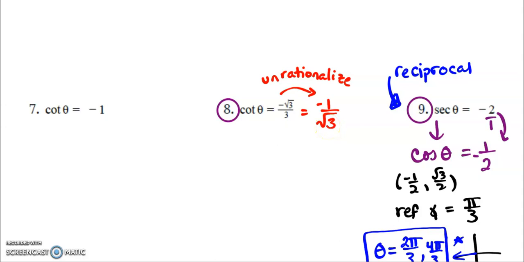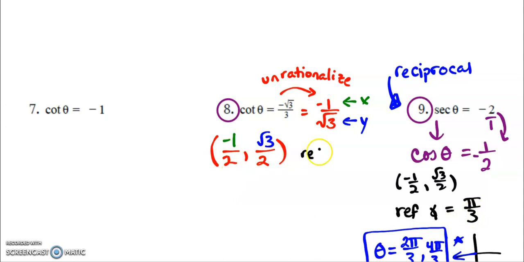Then you can say, this is my x value, the numerator came from my x, and the denominator came from my y. Everything's over 2, because everything in that first quadrant, pi over 6, pi over 4, pi over 3, is all over 2. Now I know my ordered pair. Oh wait, that looks familiar. I just used that. That's the reference angle pi over 3.